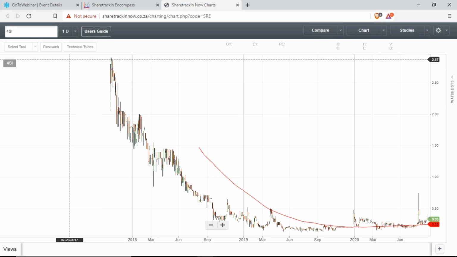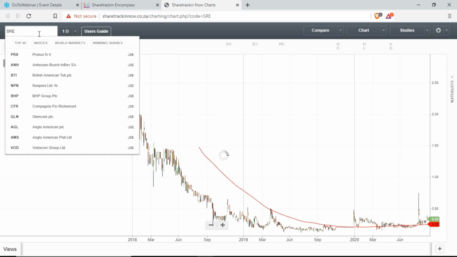That is why we are looking for a share with an upwards trend, like our serious real estate that we are busy with. I'm just busy switching back to the graph quickly.